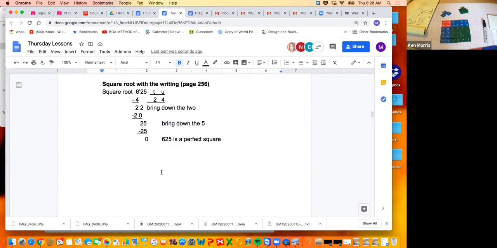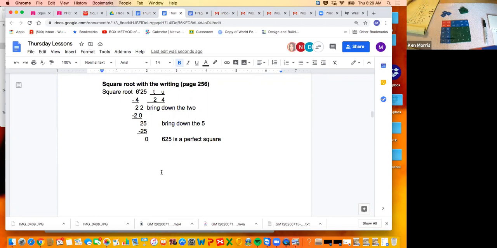As a follow-up, I would have the children do this presentation we just did and write out the whole thing in their notebooks. Would I have them practice? Let me just see. They've already practiced square roots of non-perfect squares without the notation, so I would not have them do it again with the notation.